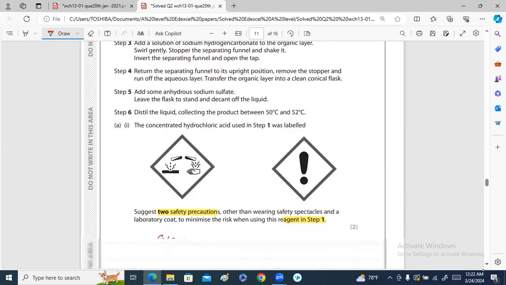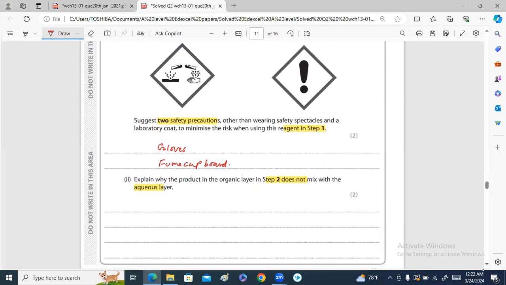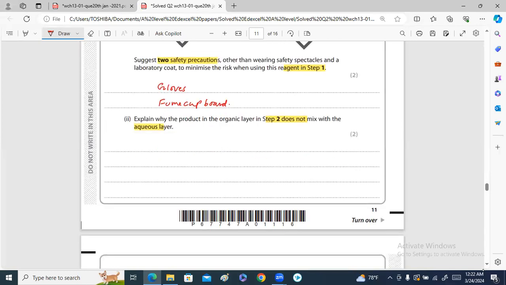So this solubility is linked with the intermolecular forces present between the substances. The organic layer contains the halogenoalkane, and aqueous means water.